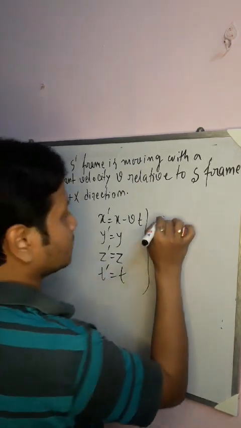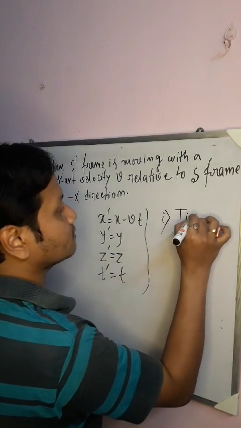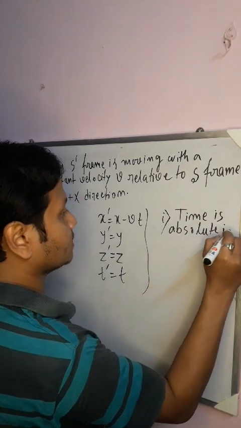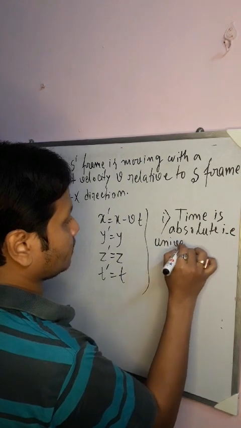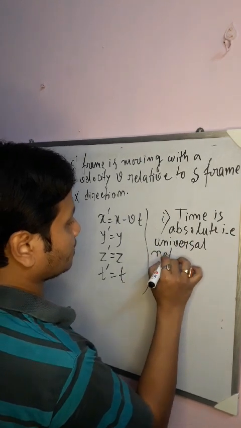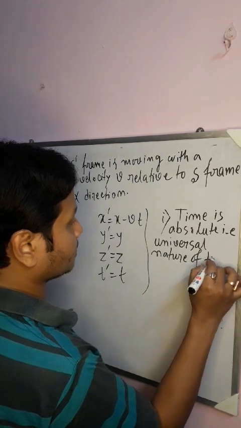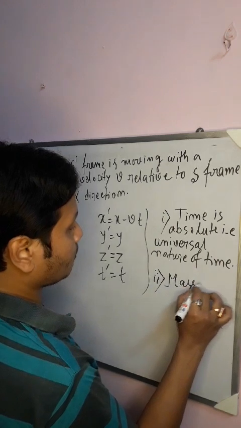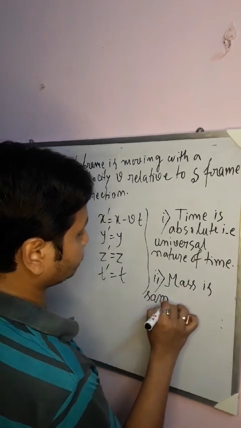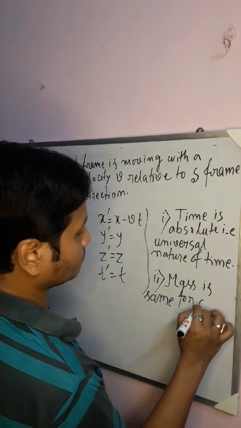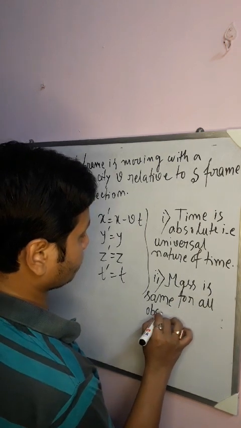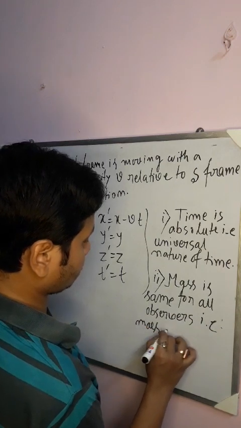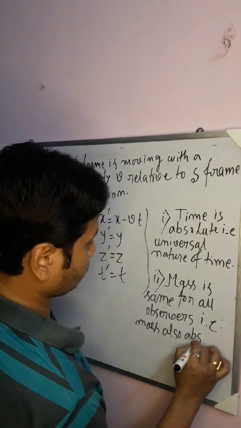Here we assume two things: time is absolute, that is, the universal nature of time, and second, mass is the same for all observers, that is, mass is also absolute.